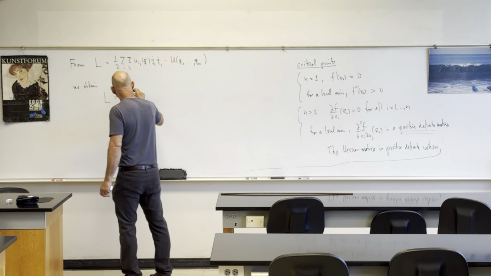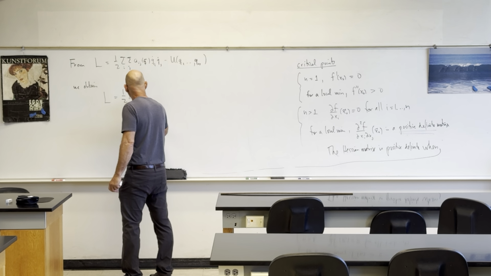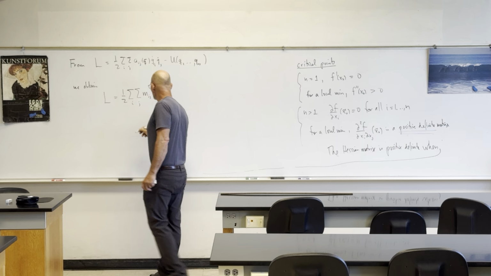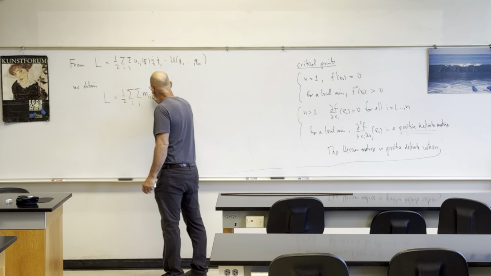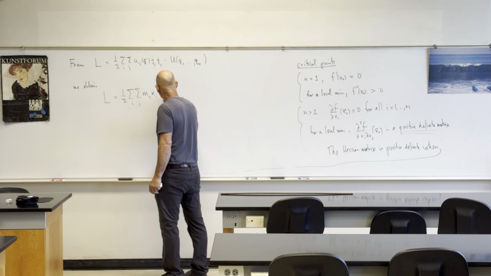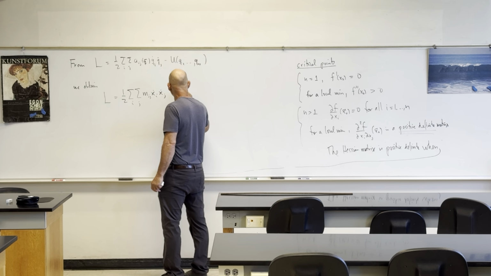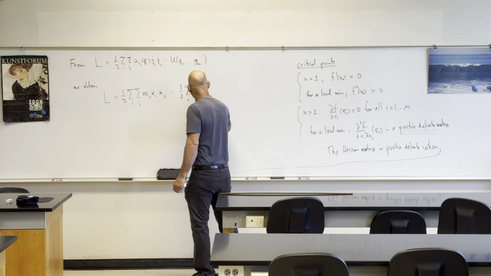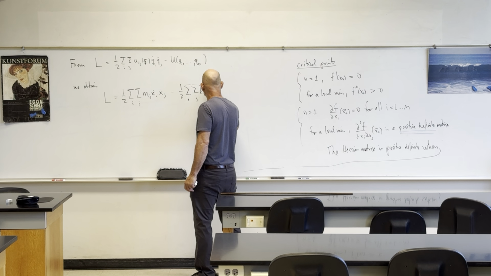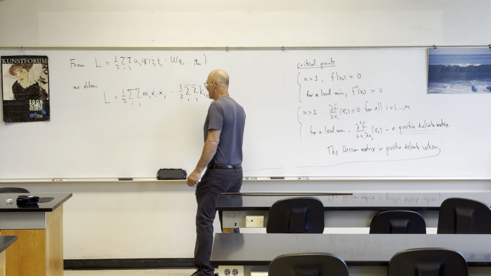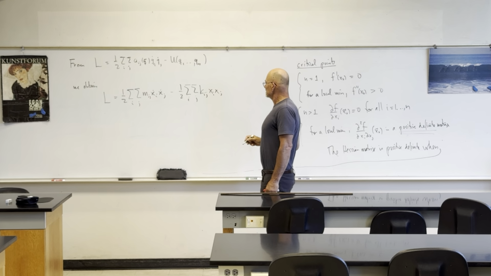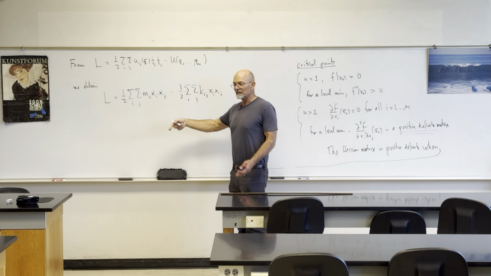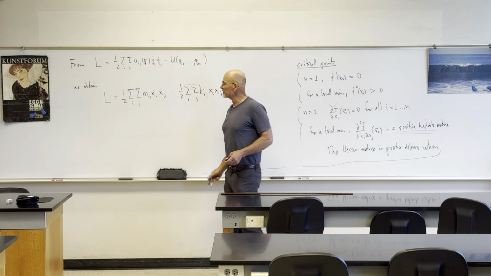So what we end up with is something that looks like this. M_ij, I have a matrix, x_i dot x_j dot minus one half double sum ij K_ij x_i x_j. Imagine n equals 1, you're back to the very trivial simple one.